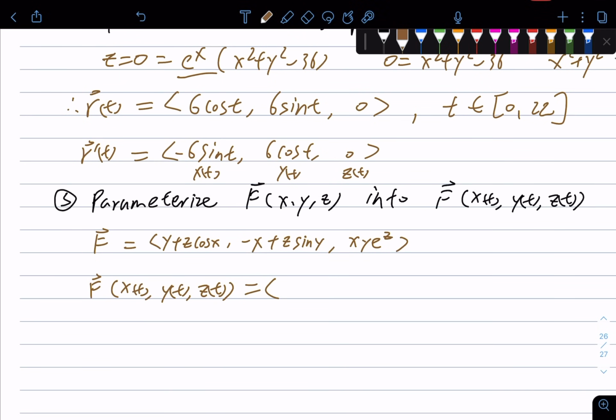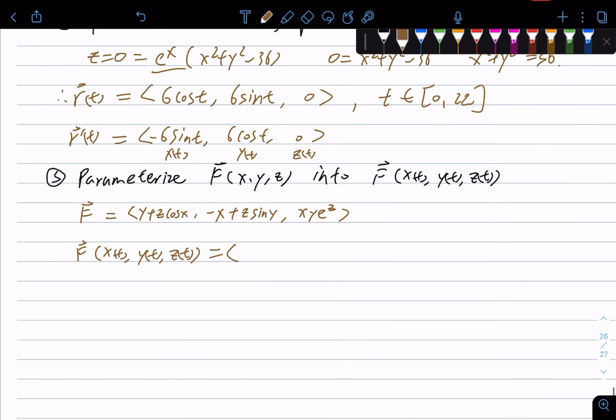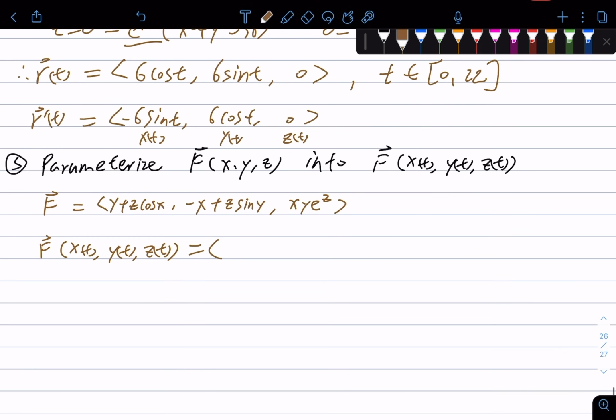Okay, hopefully you see the brilliance of this question now. So what we're going to end up with is just 6 cosine t plus 0. We substitute 0 into here, and we don't worry about the rest. And then we're going to have negative 6 sine, negative 6.